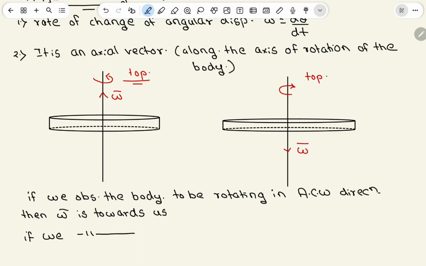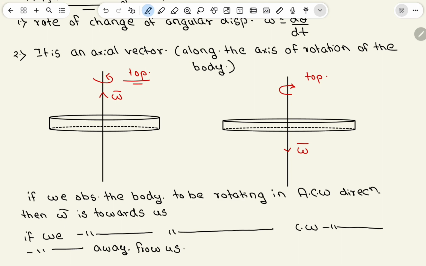But if we observe the body to be rotating in clockwise direction, then omega bar is away from us. And in both the cases, I have depicted diagrammatically the direction of omega bar when the body is rotating in clockwise direction and when the body is rotating in anti-clockwise direction. Okay.